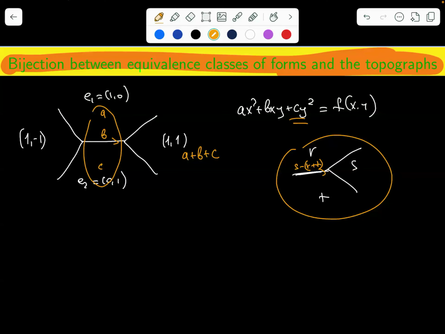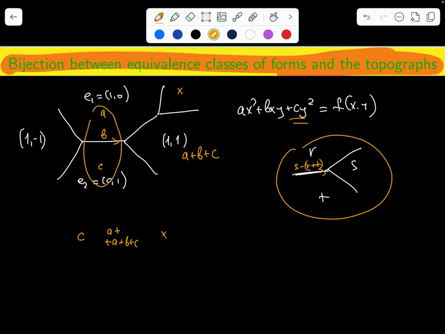Now let's look at what happens on the next edge. Here we have this one, and here we have the sum. So here we have C, and then we have A plus B plus C, and here we have X. They must form an arithmetic progression.